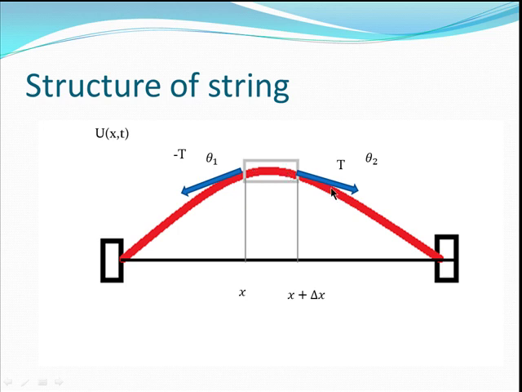The tension in the string is assumed to be T. Then a force of minus T1 newtons will act on this portion tangent to this curve in this direction, and T newtons will act on this portion tangent to this curve in this direction.